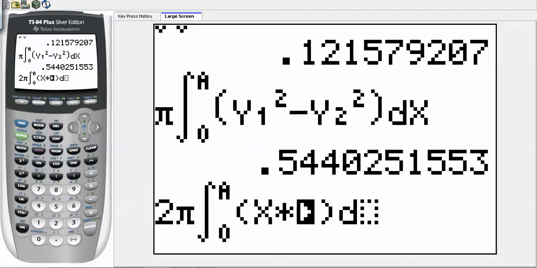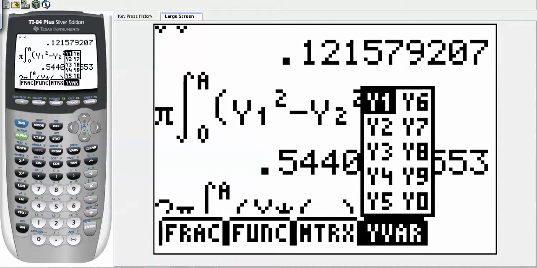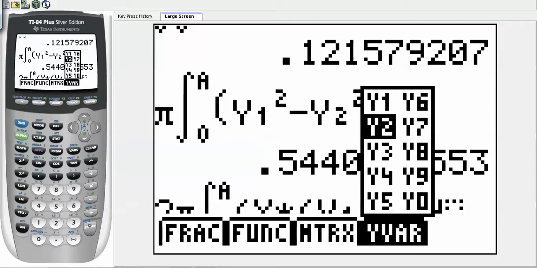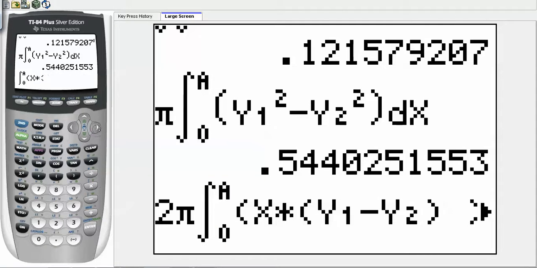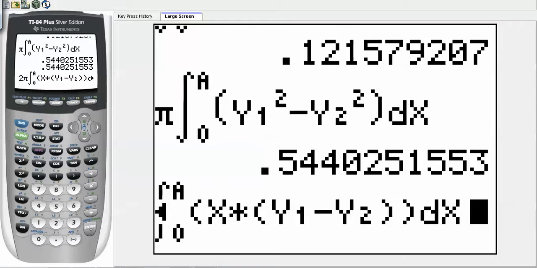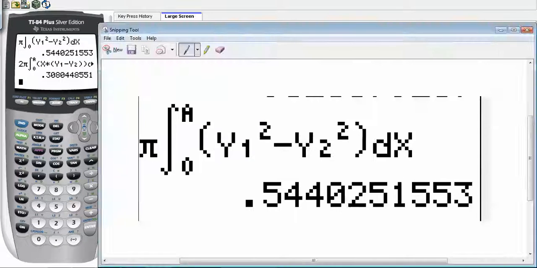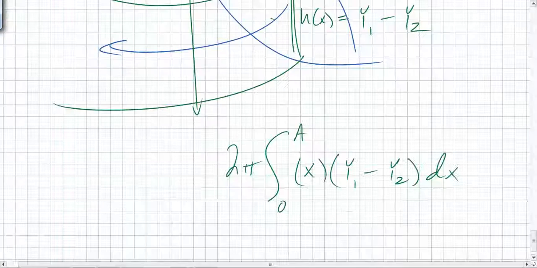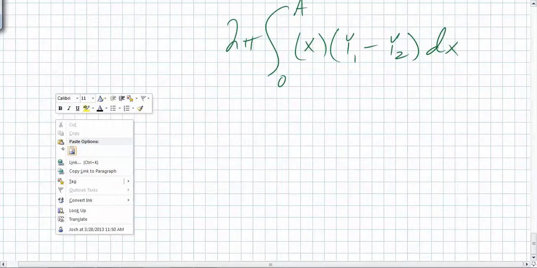The height, yep. So I'll put in parentheses y1 minus y2, close parentheses. Got to put the x right there. Boom. There it is. This is how I would have done it.